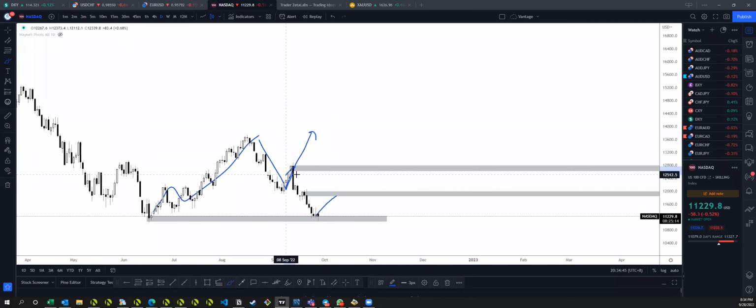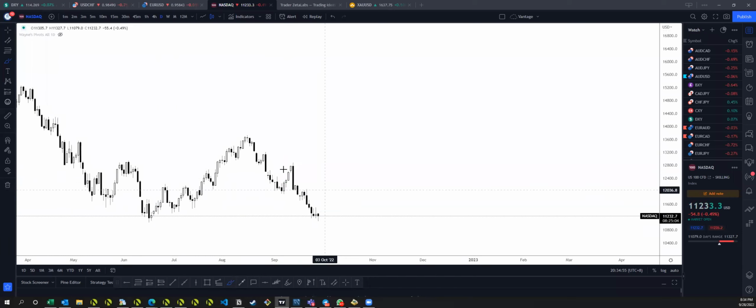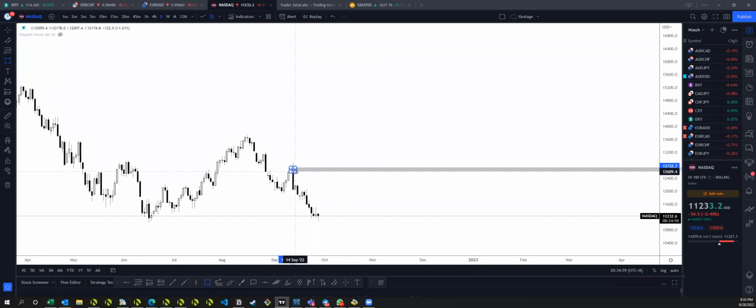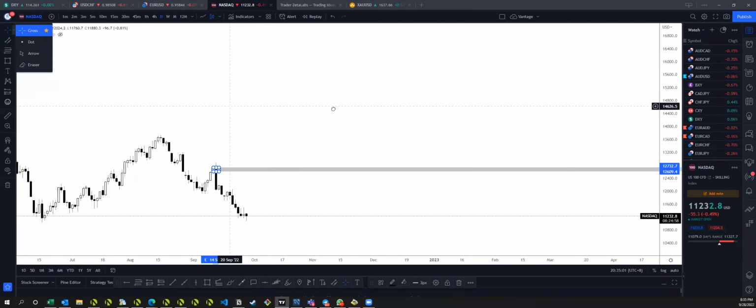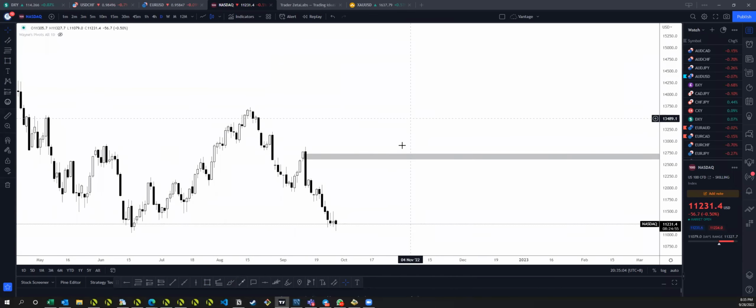So buyers came in here, but sellers, if you look at this black candle here, this is a strong sell-down by the sellers. So all of these buyers here are trapped. Okay, so this would be a more reliable level. So for us to be bullish, I would say that we need to get all of these buyers out, all these sellers out, which means that price needs to move at least to this level, retest, and then we buy here. Okay.